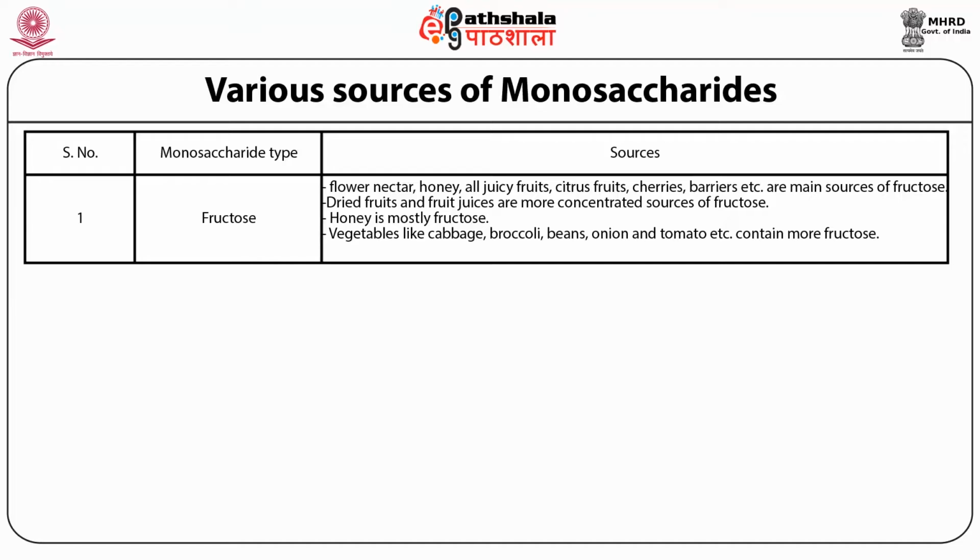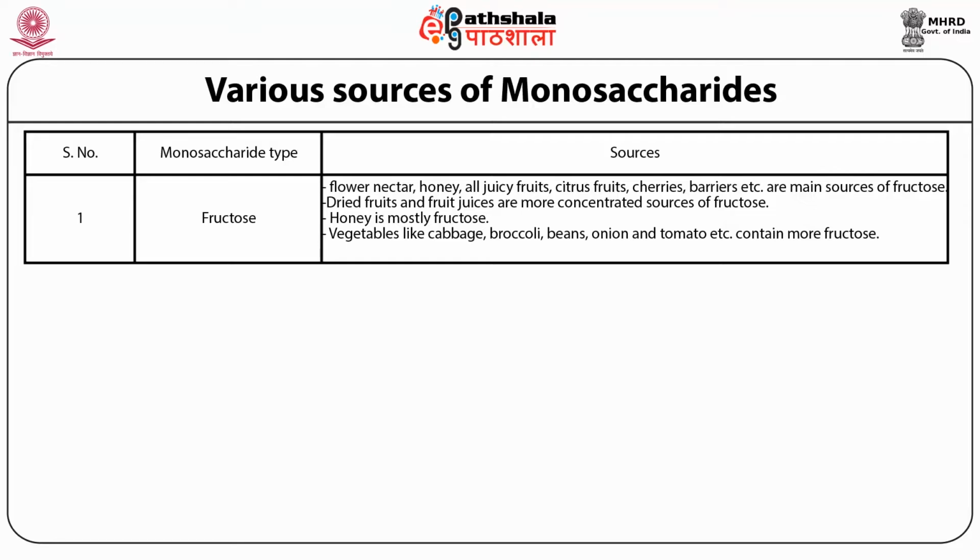Honey is mostly fructose because honey is made from the nectar which comes from the flowers. And vegetables like cabbage, broccoli, beans, onion and tomato etc. also contain fructose, but in lesser content.